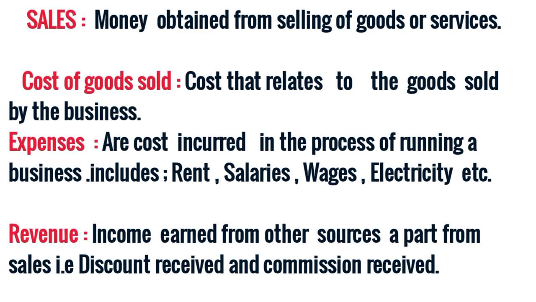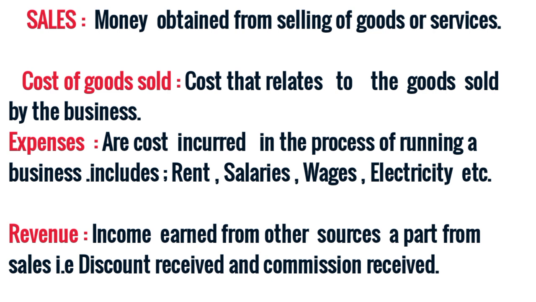Sales. We are talking about money obtained from selling of goods or services. Then, cost of goods sold, we are talking about cost that relates to the goods sold by the business. Then we have expenses.